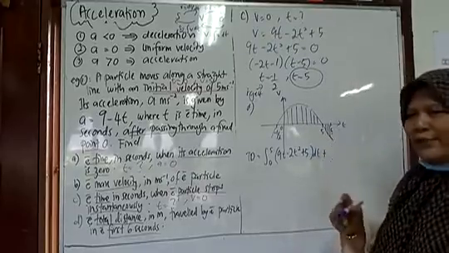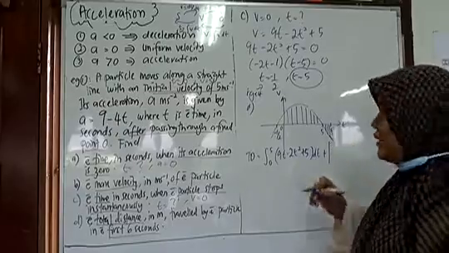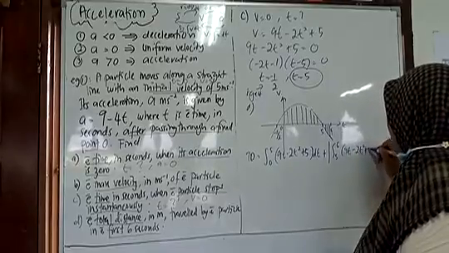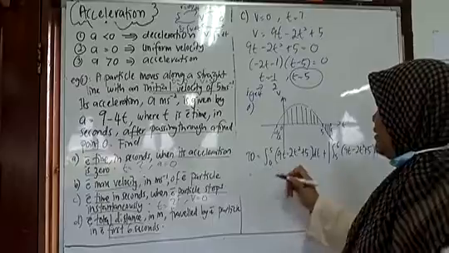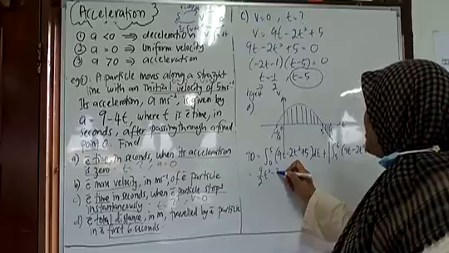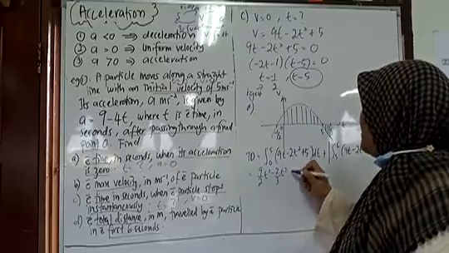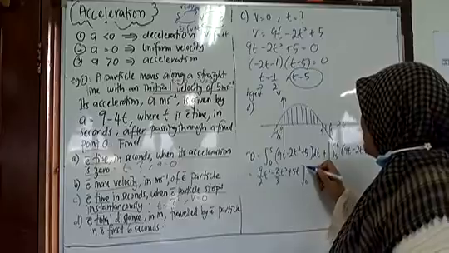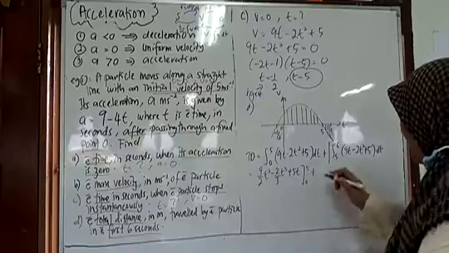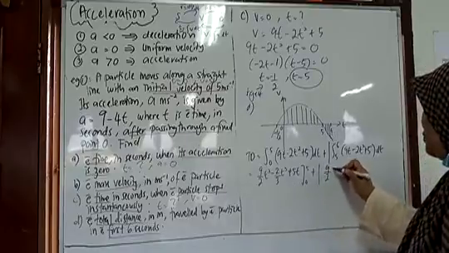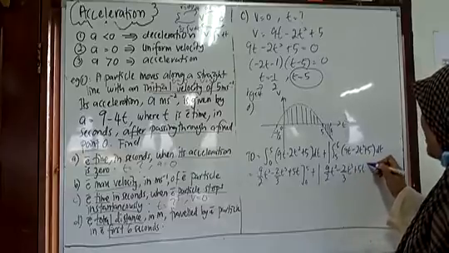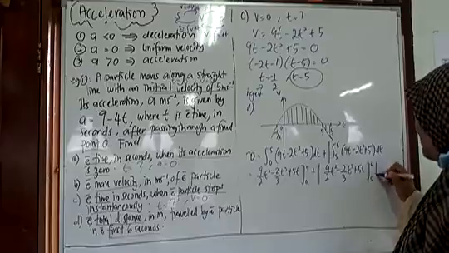5 to 6 is the negative area, so remember to put the modulus sign. Okay, so integrate. So this will be 9 over 2 t squared minus 2 over 3 t cubed plus 5t from 0 to 5, and then plus 9 over 2 t squared minus 2 over 3 t cubed plus 5t from 5 to 6, modulus.